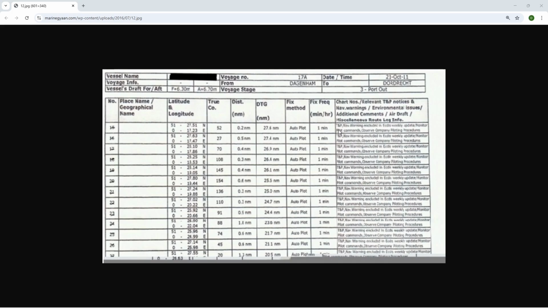For example, let's say you are approaching a pilot station. You can say, call pilot on channel 16 or whatever the number, right? Or call the vessel traffic services on this number or this channel, or whatever information that you want to mention here, you can mention here, right? But in our case, we are focusing on how to create this.